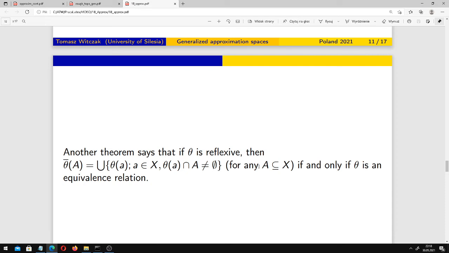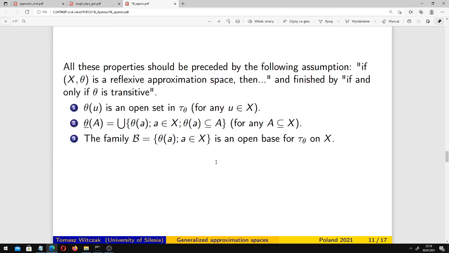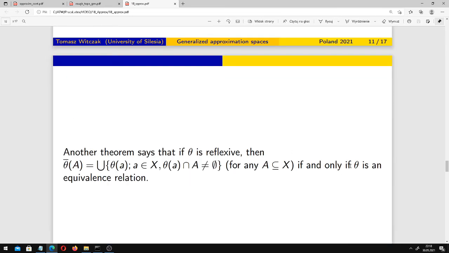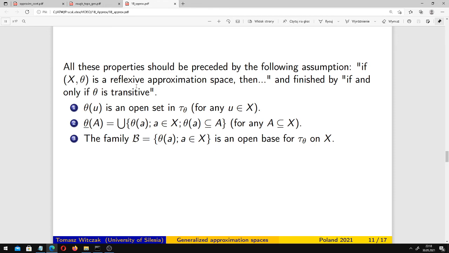So here we have a weaker condition when compared to this one, but here we have a stronger condition. Yes, equivalence, not only transitivity, as it was here.